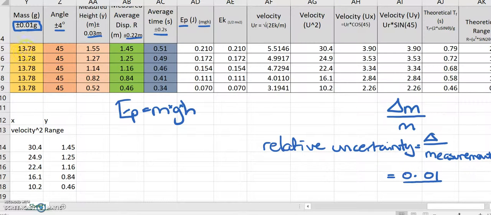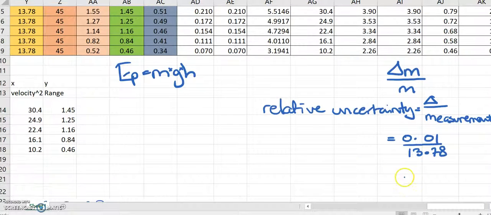Let's say the measurement in this case is 13.78. 0.01 divided by 13.78 is equal to 7.26 times 10 to the minus 4. And that would be my relative uncertainty.